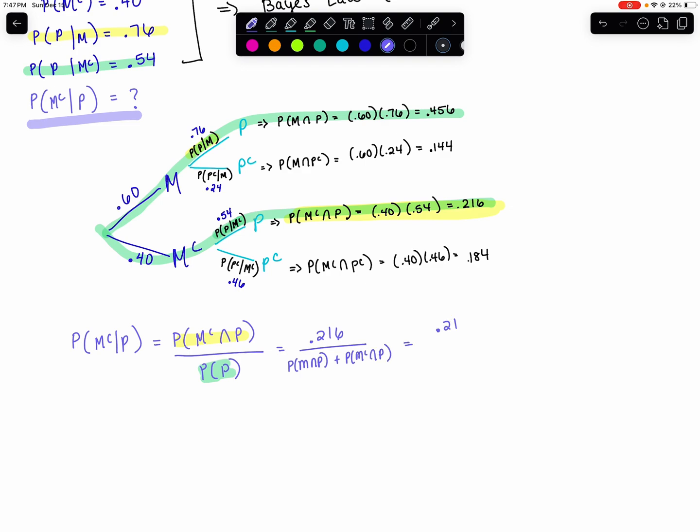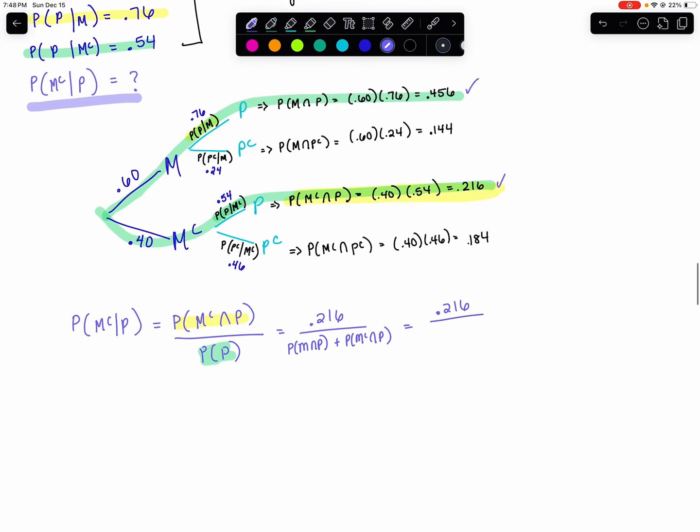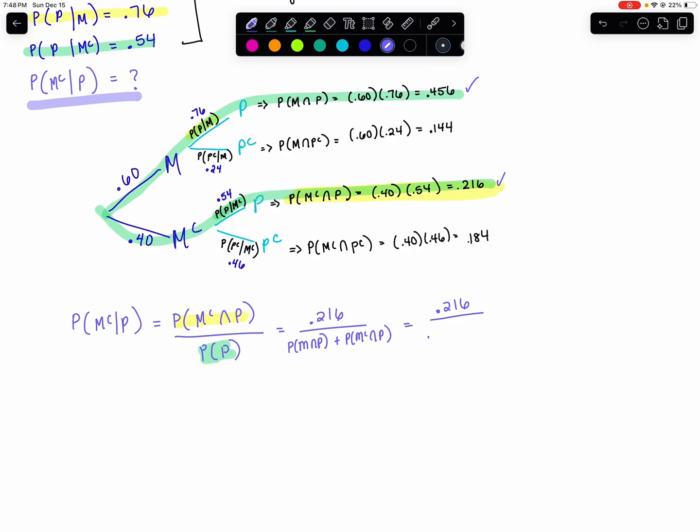So really that's 0.216 over, and then we already have those two probabilities calculated out, which is a good idea to do before you start answering the question. So that's going to be 0.456 plus 0.216, which will give me 0.216 over 0.672.